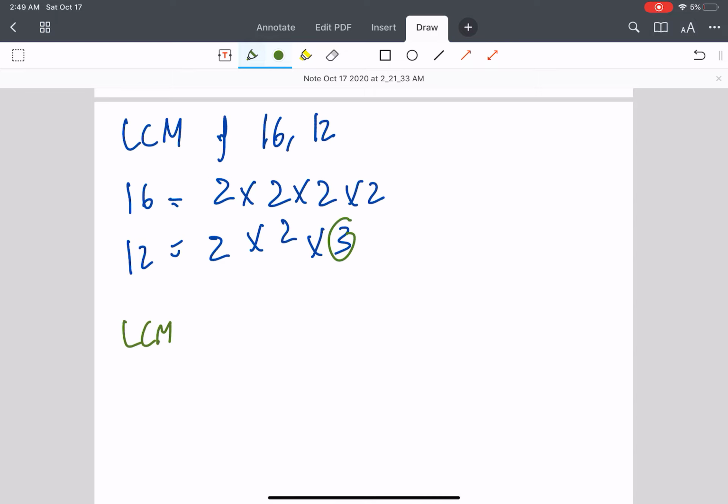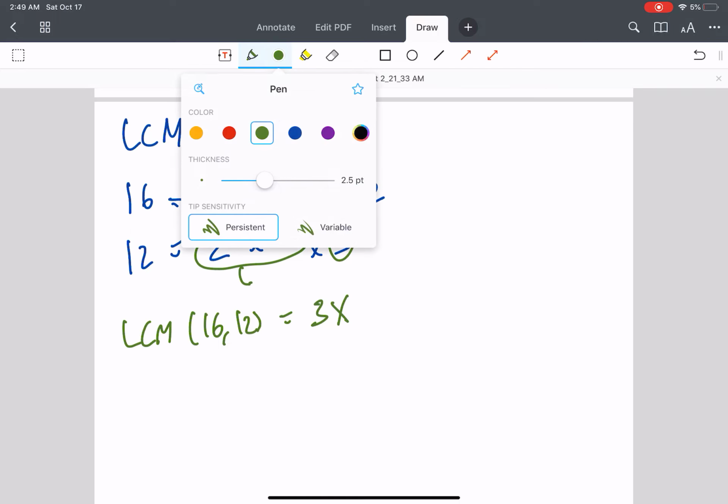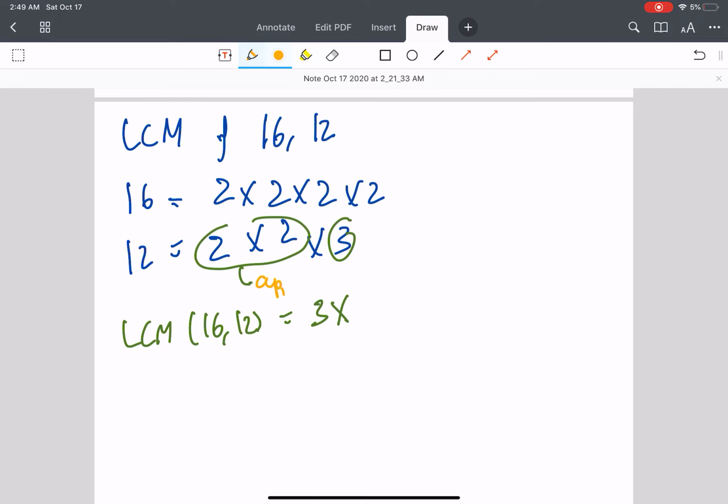Here 2 is a common factor, but it appears twice in 12 and 4 times in 16.